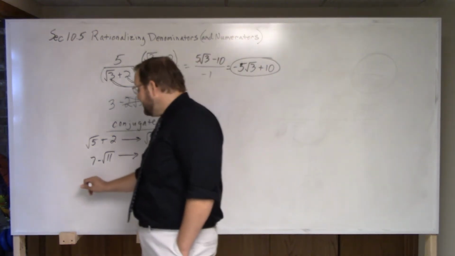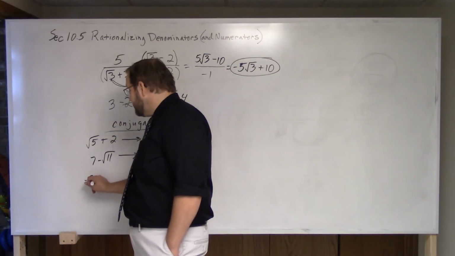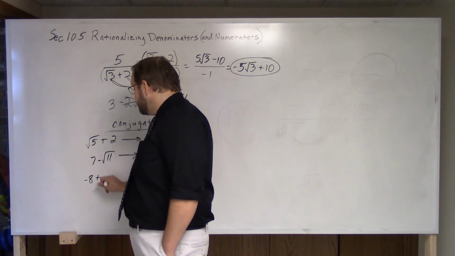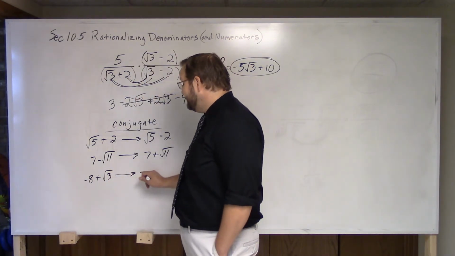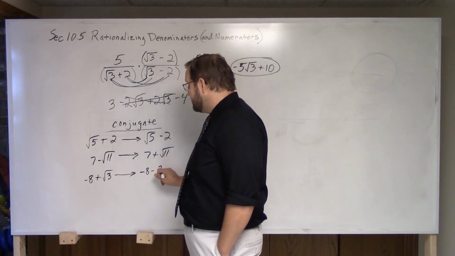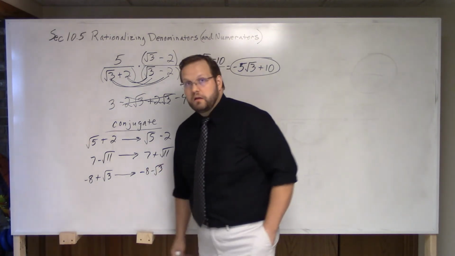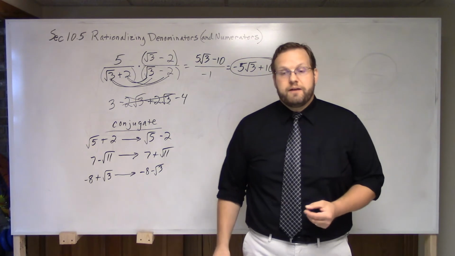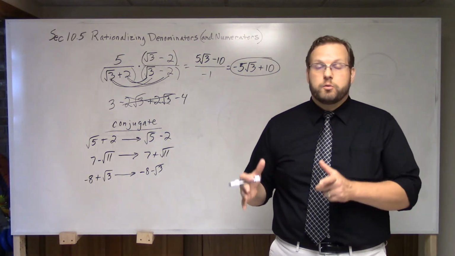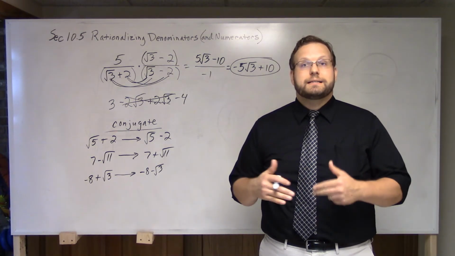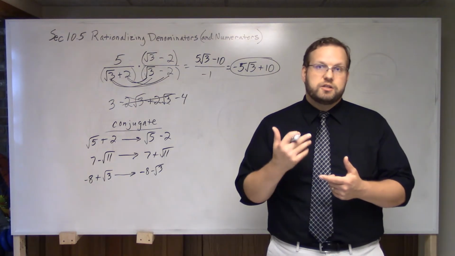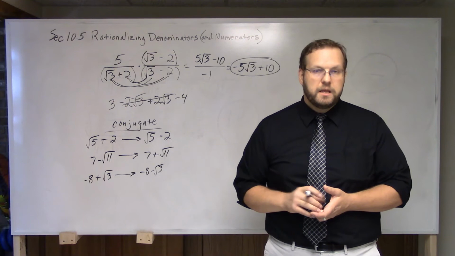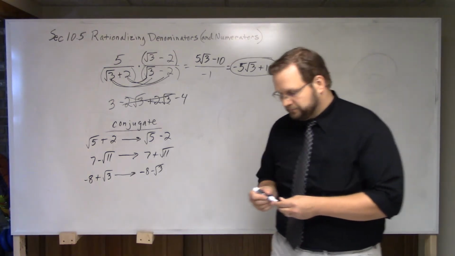If I had negative 8 plus square root of 3, the conjugate, careful here, is still negative 8, but then minus square root of 3. That's all we do. When we have multiple terms in that denominator and we want to rationalize, multiply top and bottom by the conjugate. You keep the same two terms, change the sign in between. Let's look at a couple more examples of this.